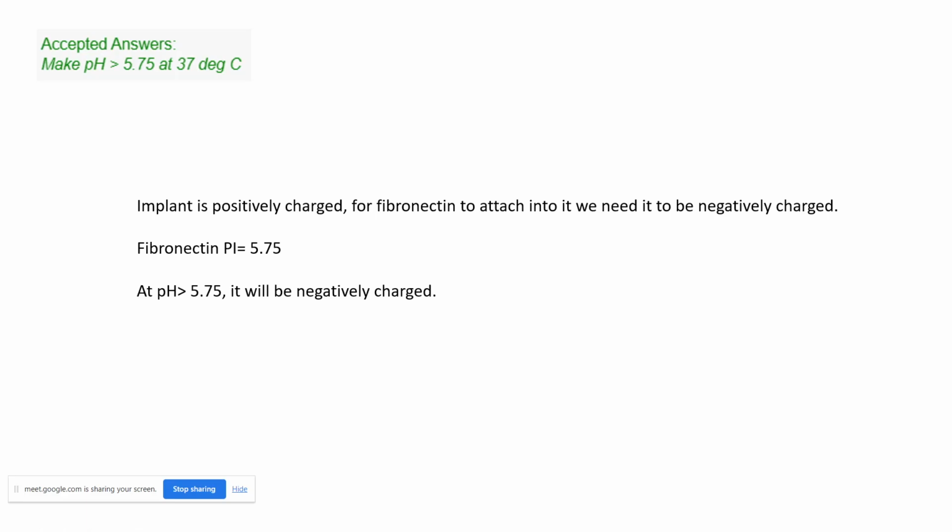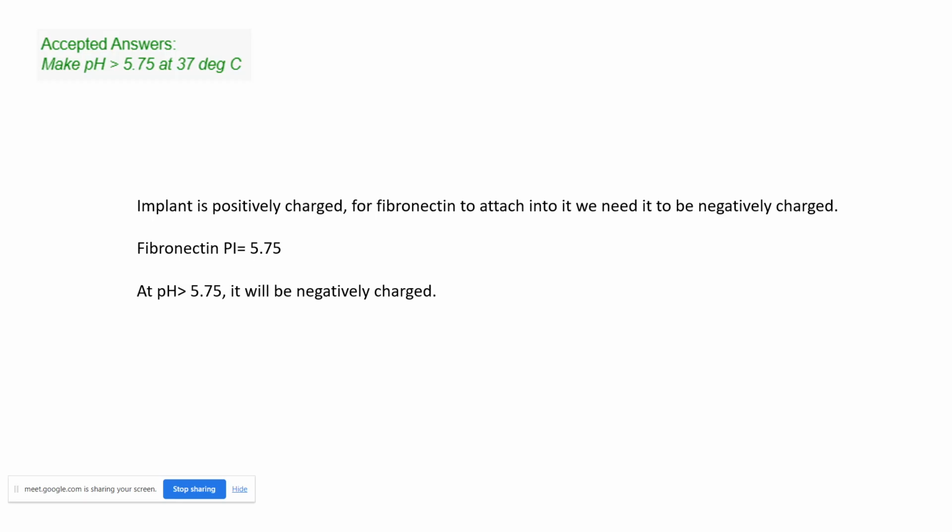So it will be more positively charged, because the NH2 of the proteins or the amino acids will attract more hydrogen ions, and it will become NH3 positive. So the fibronectin will become more positively charged.